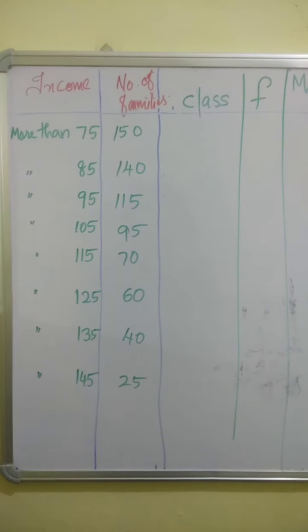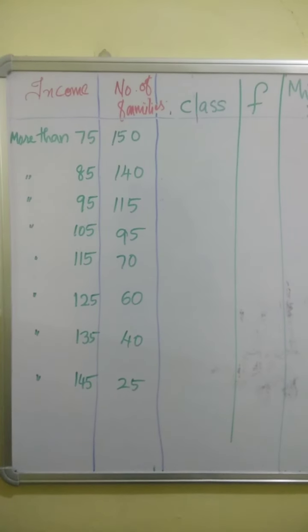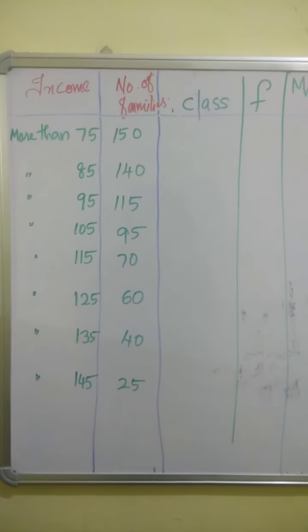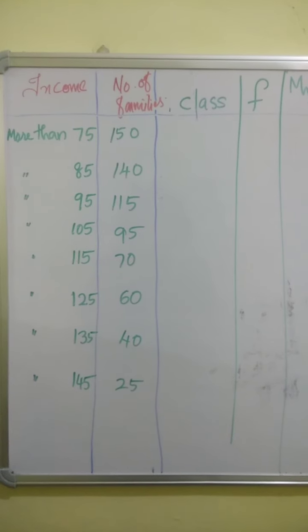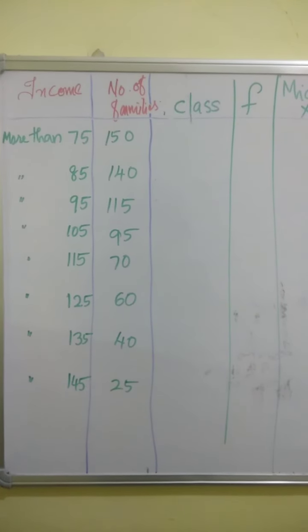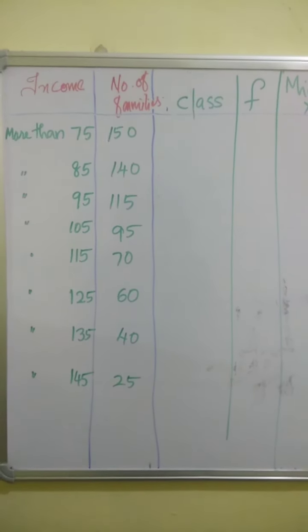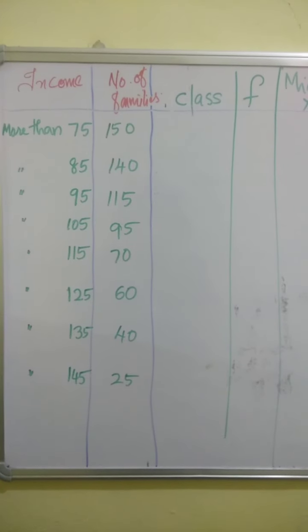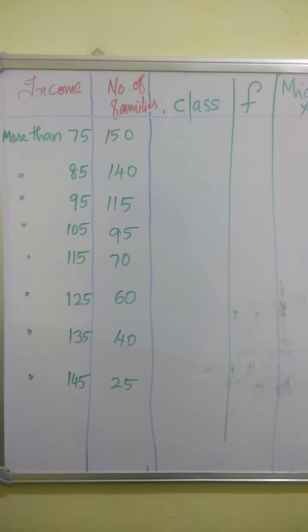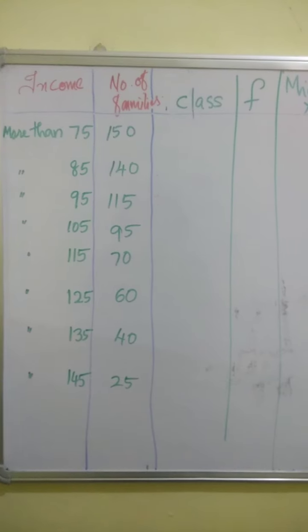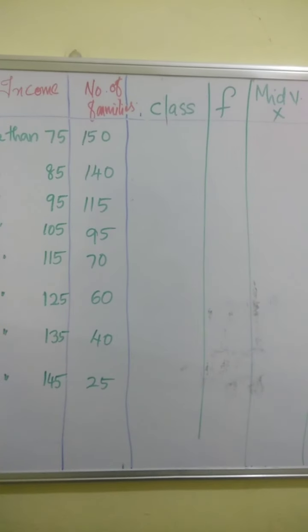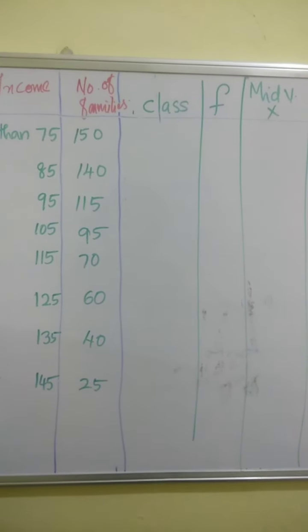So first of all, what we have to do is convert the "more than" values into ordinary classes. Second, the cumulative frequencies should be converted into frequencies, the f column. Then we have to find out the mid value from the class.